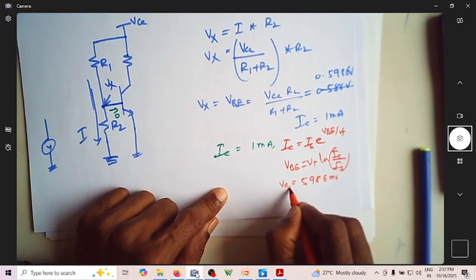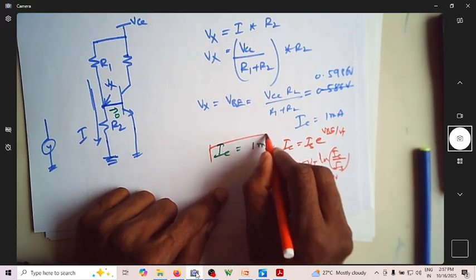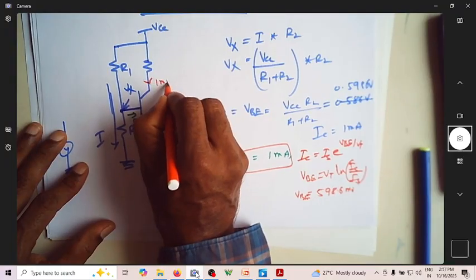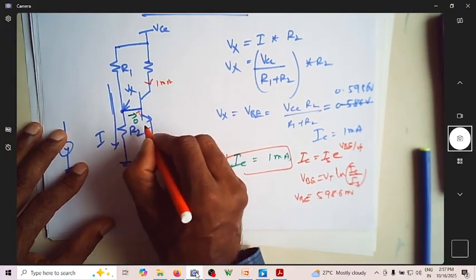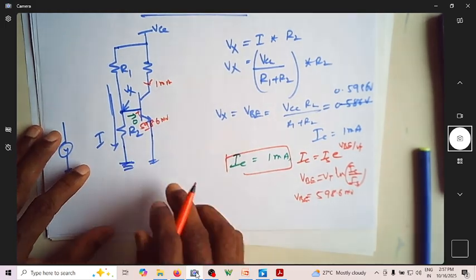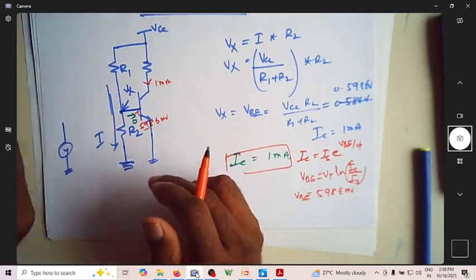So this is what VBE is, so that a current of 1 milliampere flows through this, and this voltage is 598.6 millivolts. How are you achieving this? That is achieved using R1 and R2.